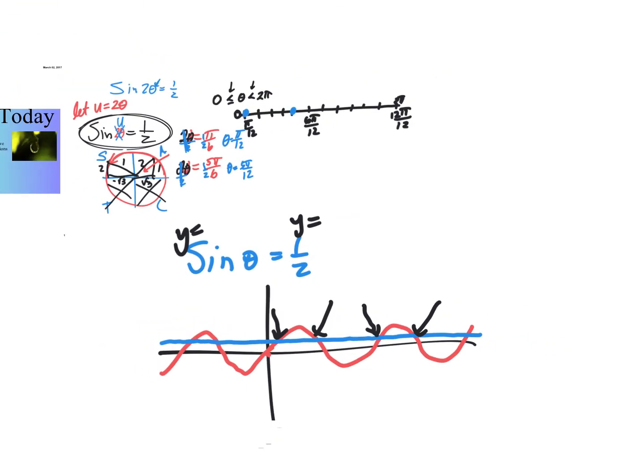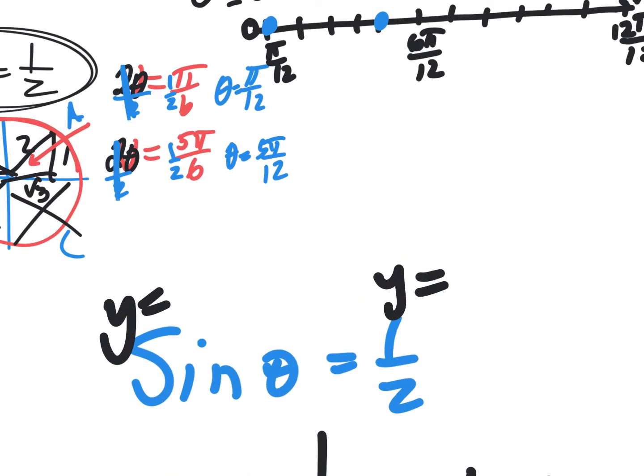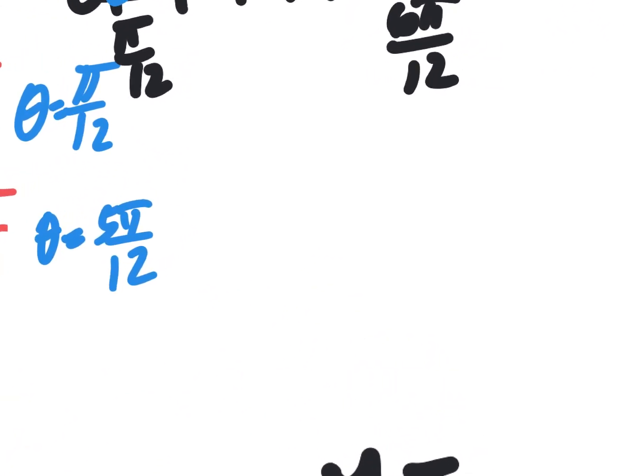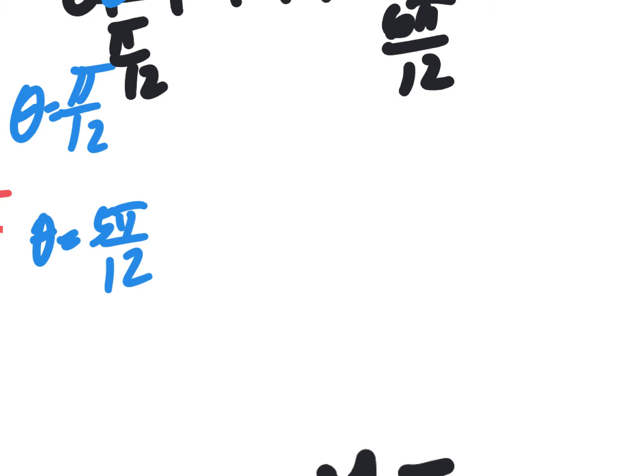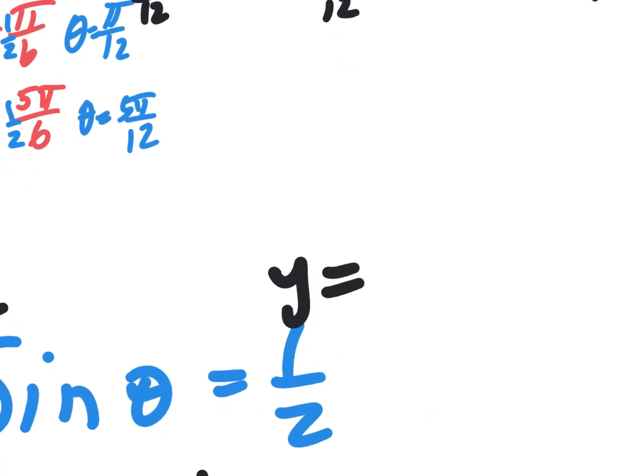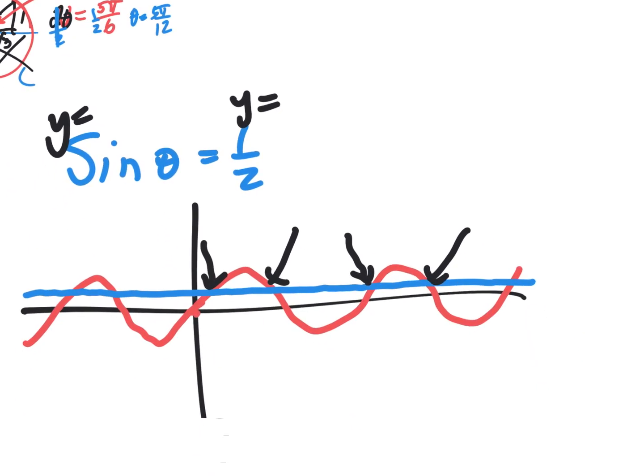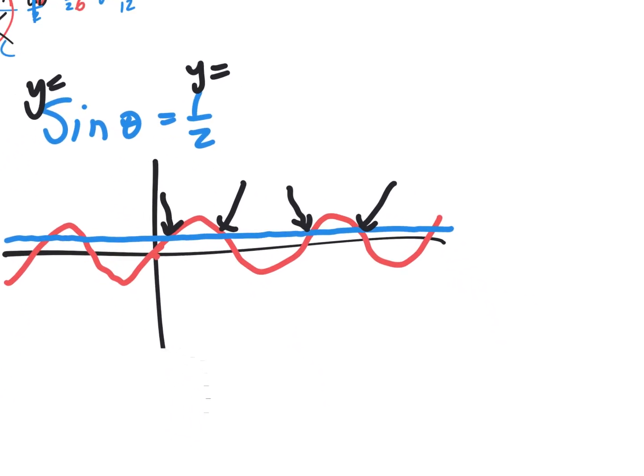So the two answers that we have here are just arbitrarily the first two answers that you would hit. There's actually more answers. All right, so that's for regular sine of theta equals 1/2. There's actually unlimited answers. We've usually just limited that to between 0 and 2 pi.